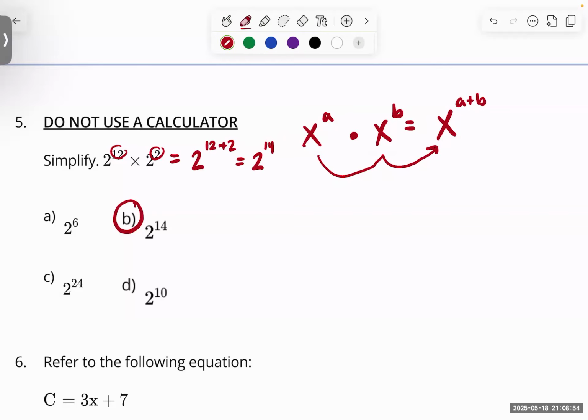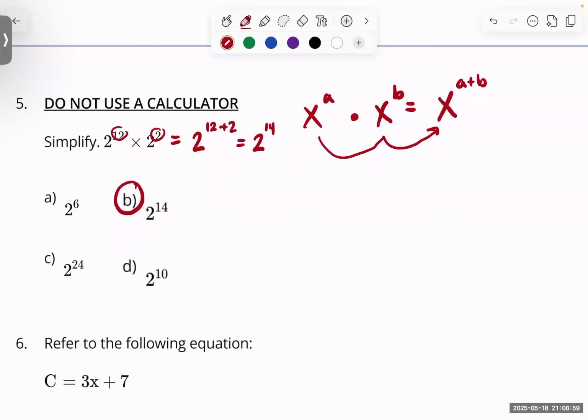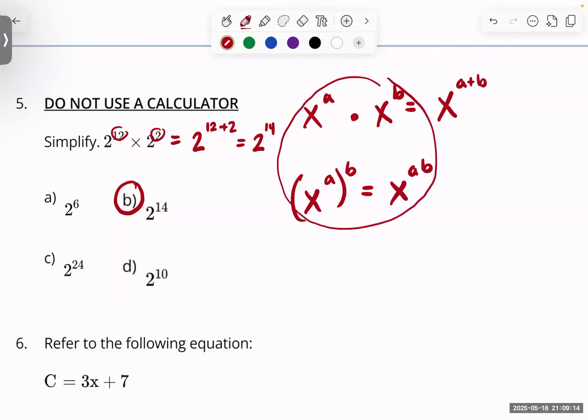A lot of people mistake it to be C, but C would be a different rule. C would be something like this: a power to a power. This is equal to x to the power AB. See how different these two are?